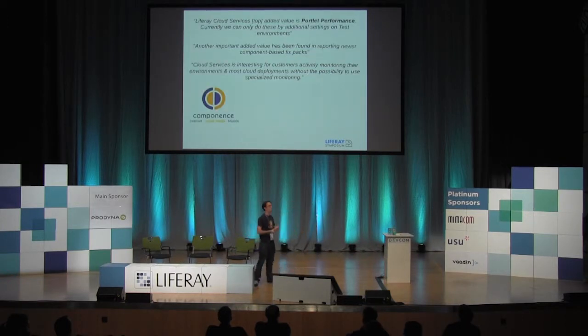And the last one is Components. Components have also been beta testing, and they're a big fan of portlet performance. Basically, that was information that was quite hard to retrieve in the past, and the fact that they can measure which portlets are slowing down their pages means they can focus on solving those bottlenecks in a minute.